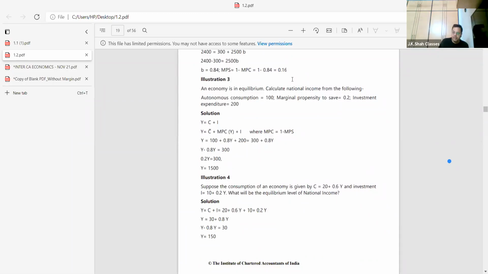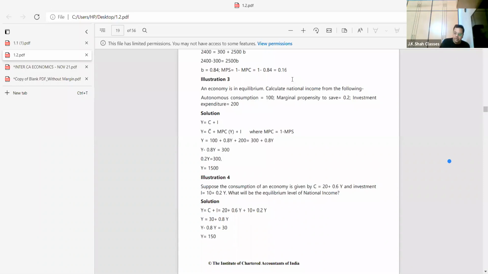Suppose the consumption function is given as C is equal to 20 plus 0.6Y. Pay attention. Investment is given as 10 plus 0.2Y. What will be the equilibrium level of national income? Very easy, don't worry. Y is equal to C plus I. C is given 20 plus 0.6Y and I is given 10 plus 0.2Y.